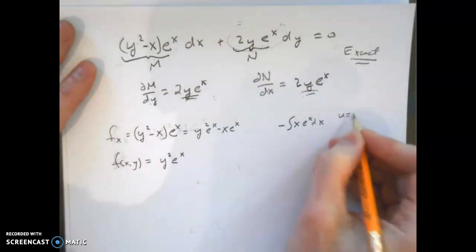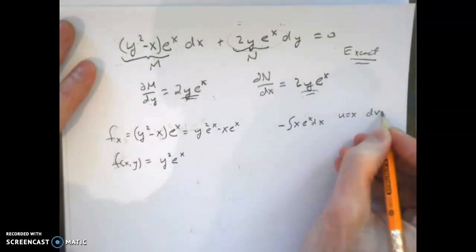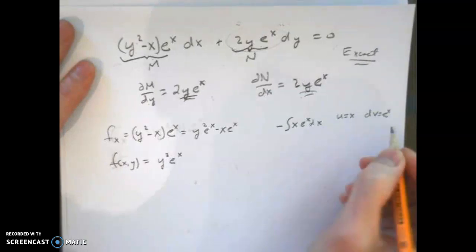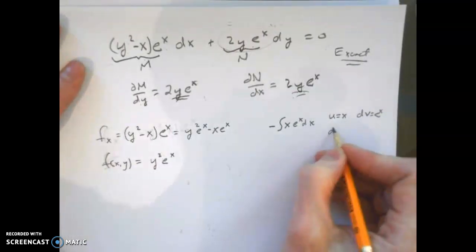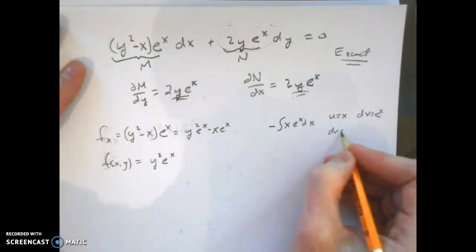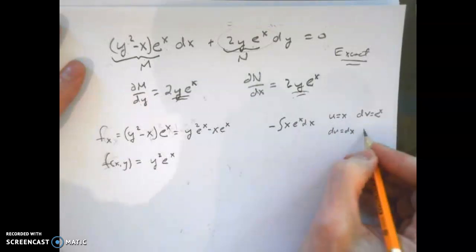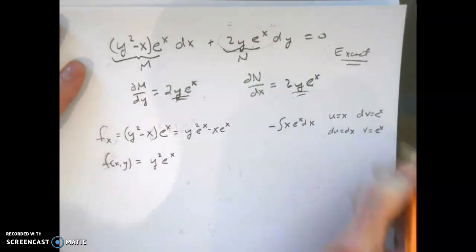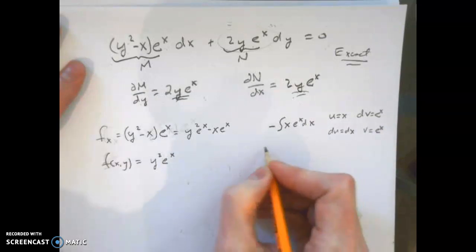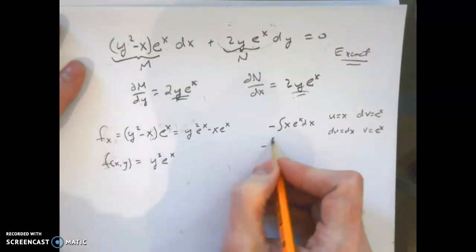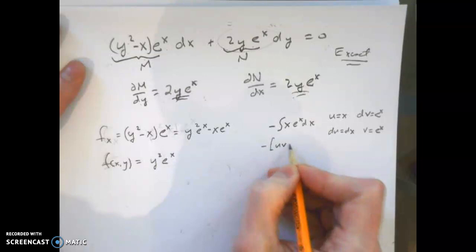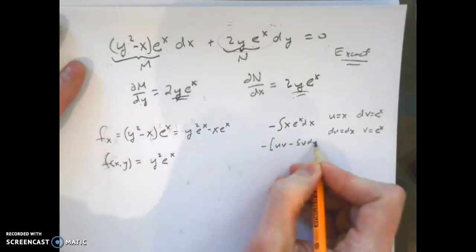Our u is going to be x. Our dv is going to be e to the x. The du is dx, and the v is going to be e to the x.